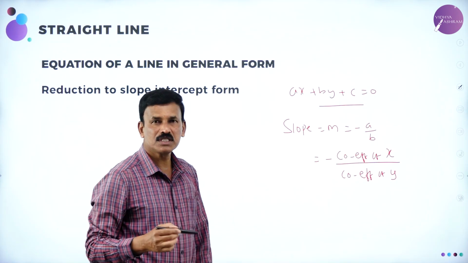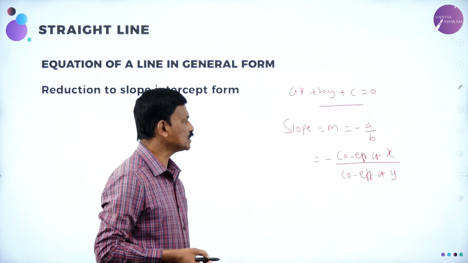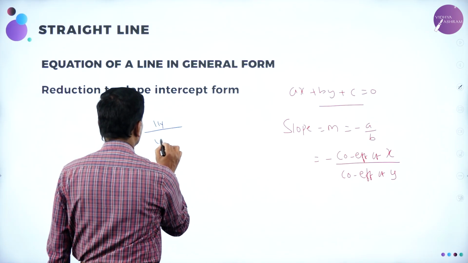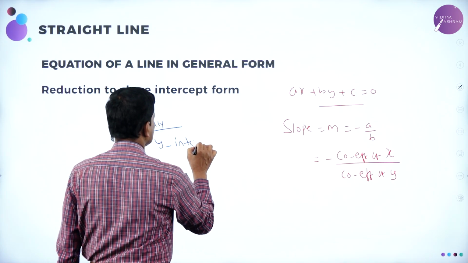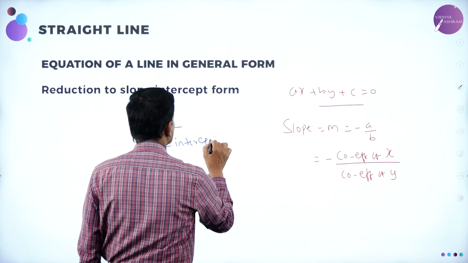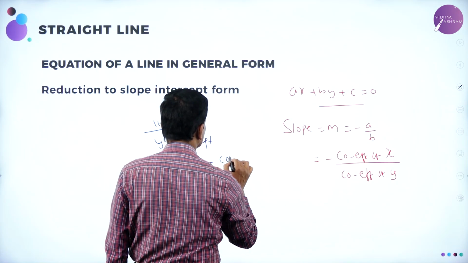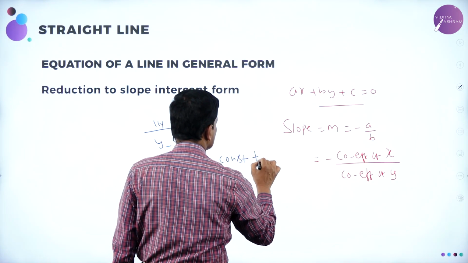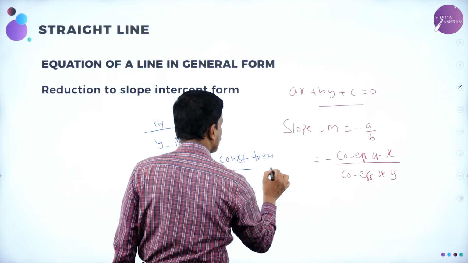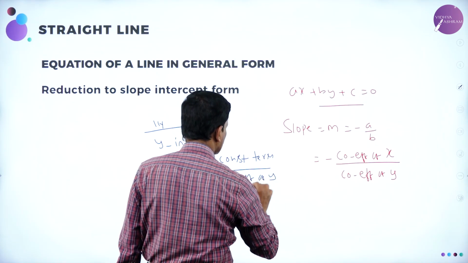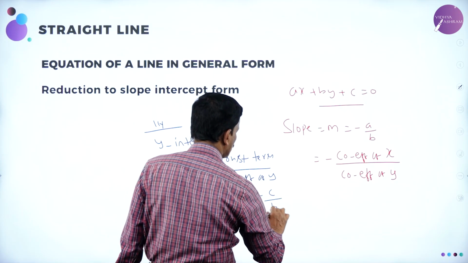Similarly, the y-intercept is equal to negative times the constant term divided by the coefficient of y, that is nothing but minus c by b.